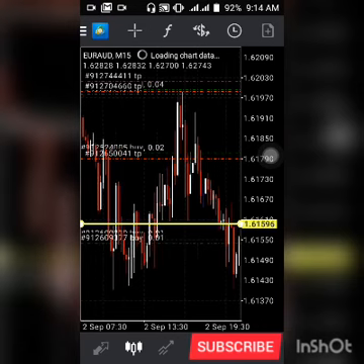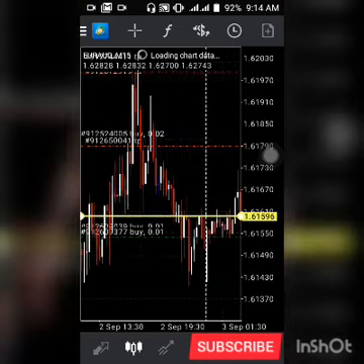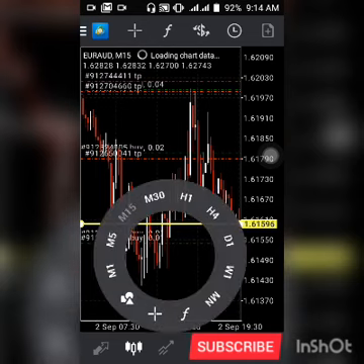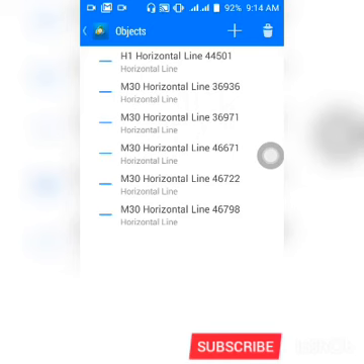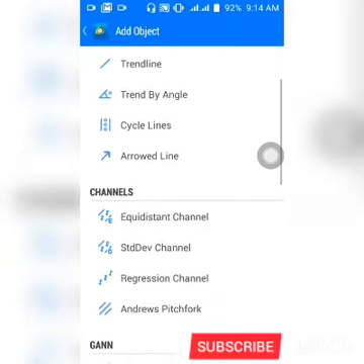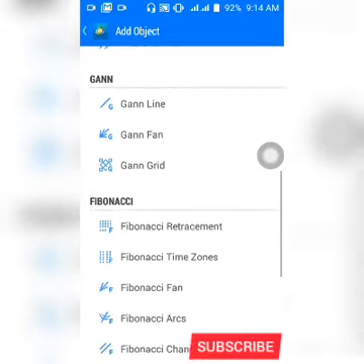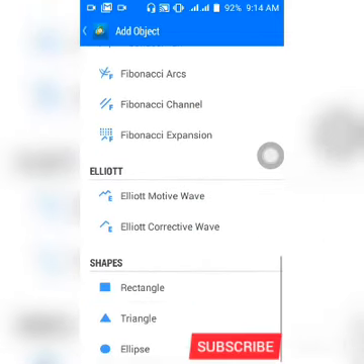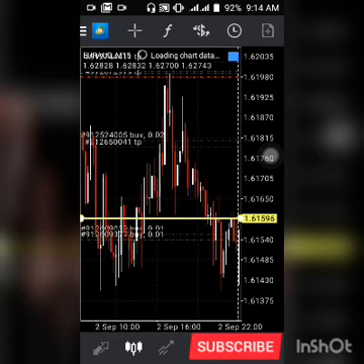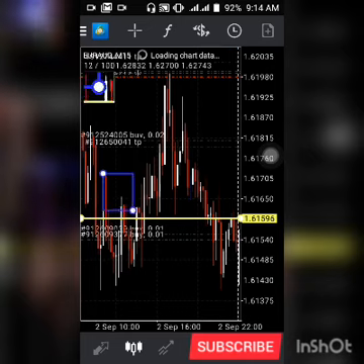So let's draw a box there so you can see the validity of the trade. Can you see it?